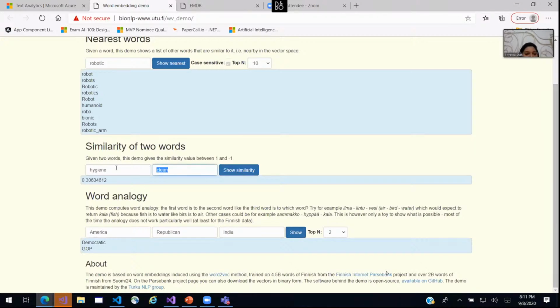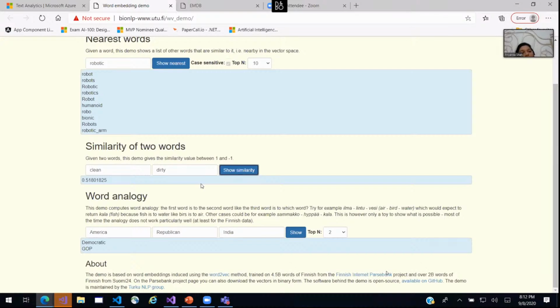But if I put here a totally diametrically opposite pair, maybe I'll just say clean and dirty, then they are quite apart. Clean is in one half, dirty is in another half. So the similarity of words is computed, which means how close the words are together.